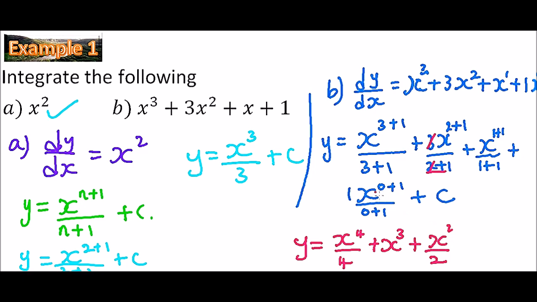This will be x to power 1 divided by 1, so we will have our x, and finally we have the arbitrary constant. So that is a function which was differentiated for us to end up with this function. So that is how you integrate these functions.